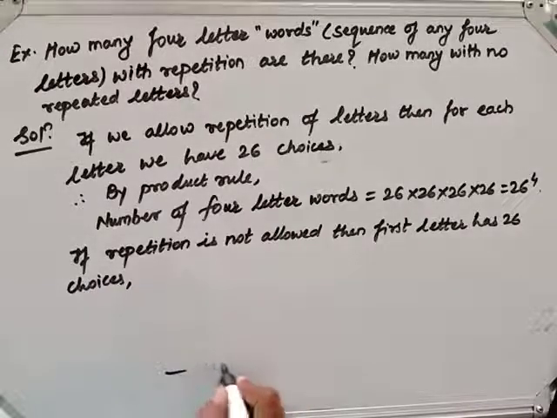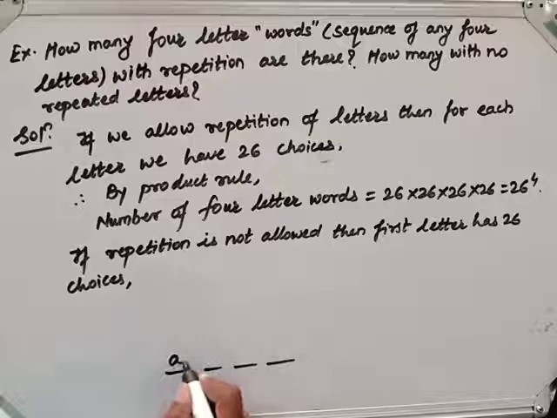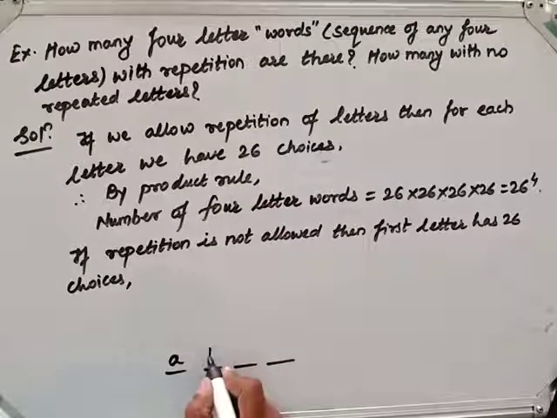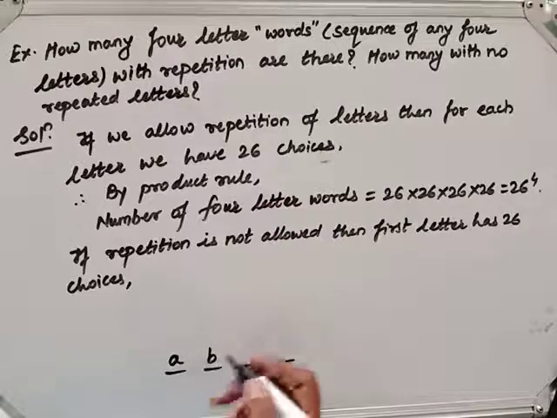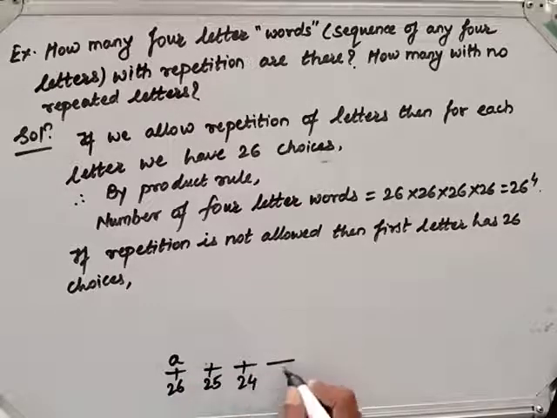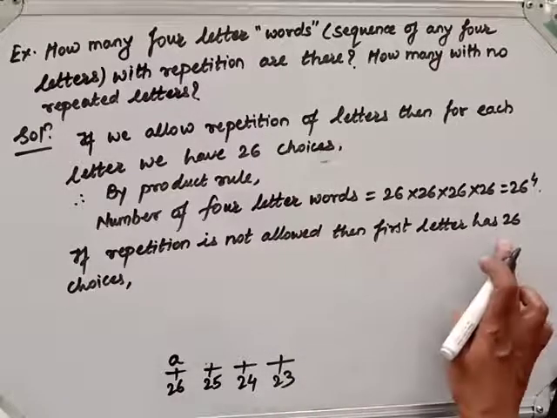Obviously, if I fill A here, then here I cannot place A again because repetition is not allowed. So here I must place B, C, D, whatever. How many choices are possible here? 25. For the first letter, any letter we can put, 26. Now again, whatever we fill here, we cannot put here. So here how many choices?